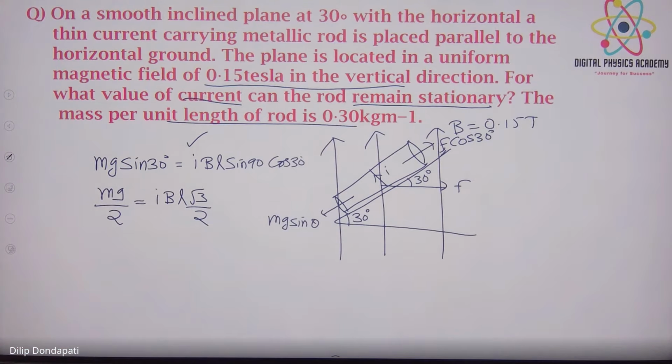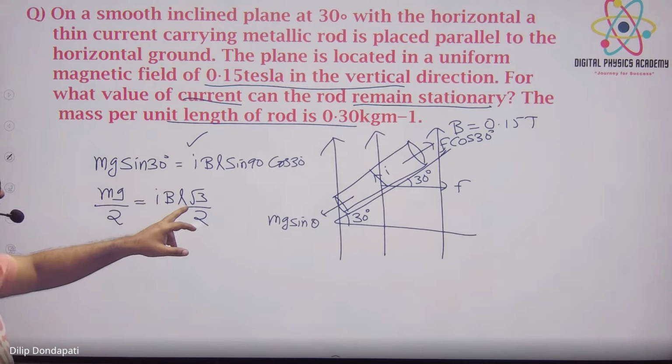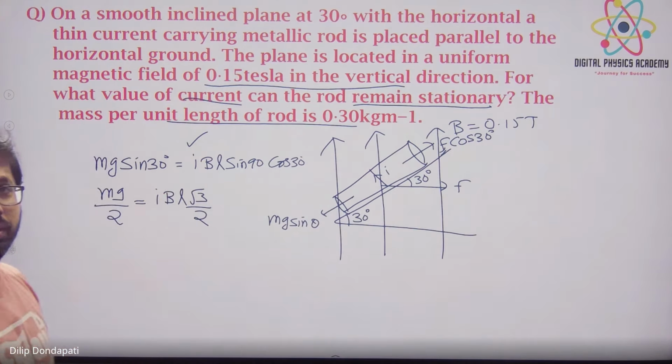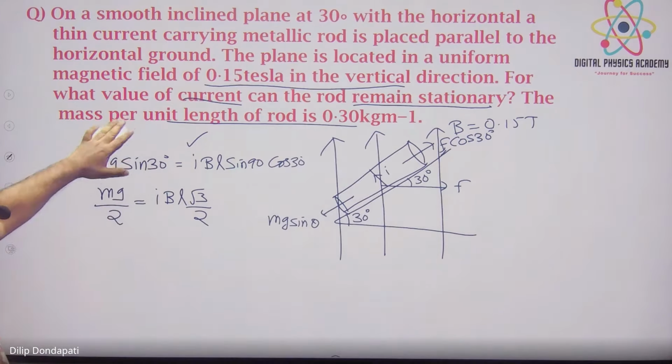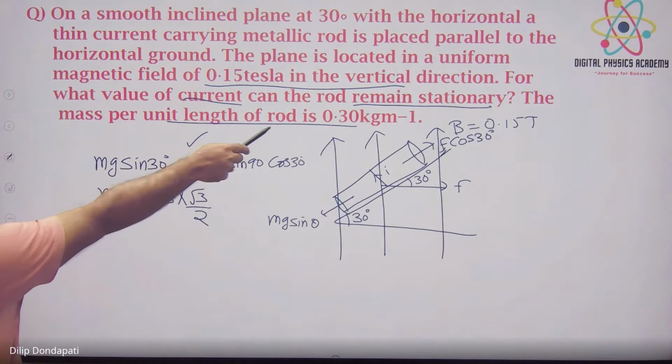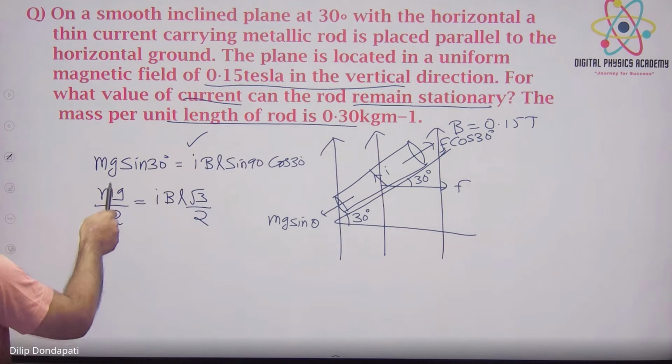Now, mass per unit length, L is how much? Mass per unit length I'm talking about. The value of m by L is given as 0.3. So in place of m by L, put 0.3.